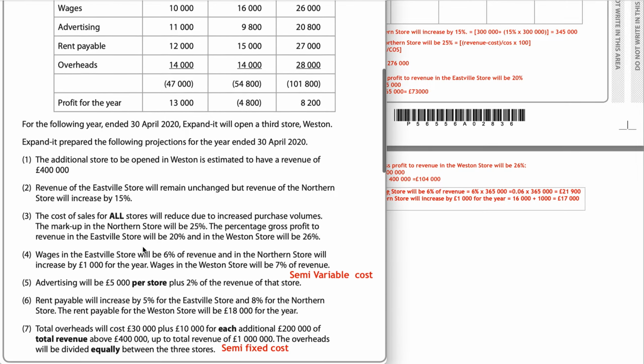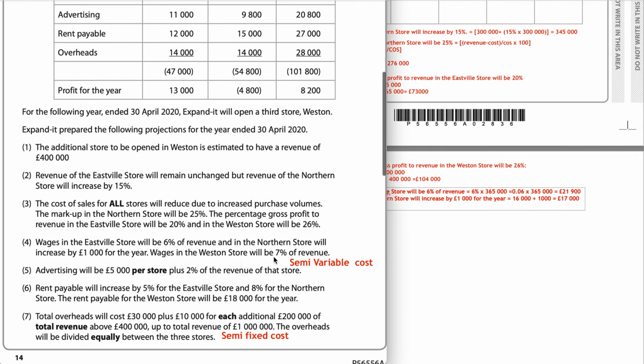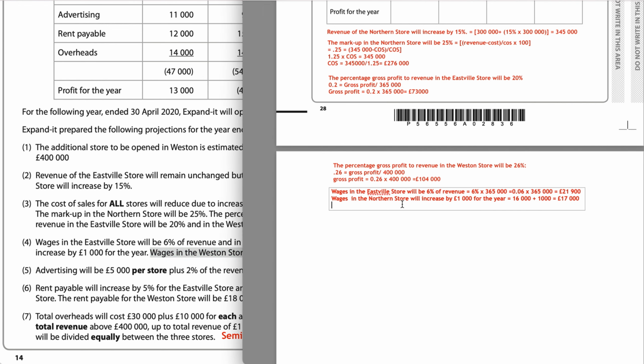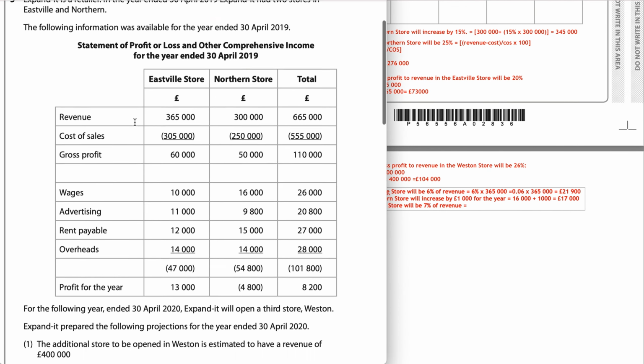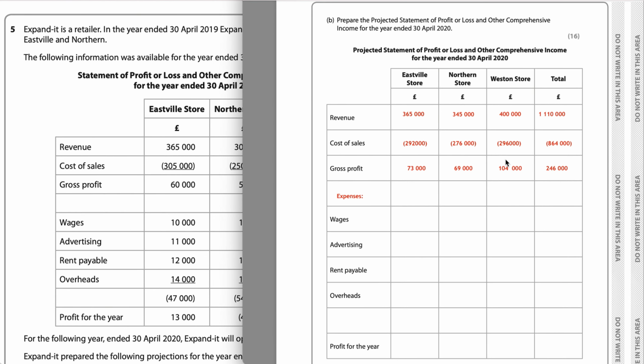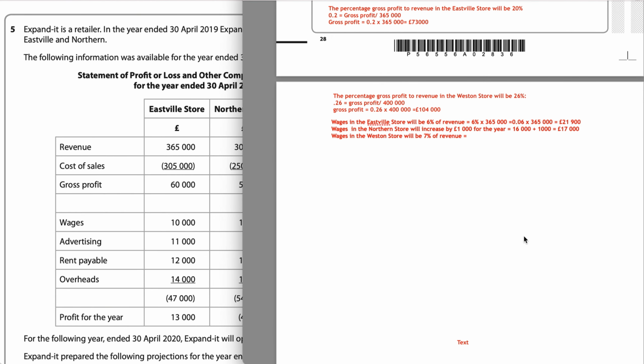And then wages in the western store will be 7% of the revenue. It is given, 7% of the revenue. So that is going to be equal to 7% of the revenue here for the new store. The western store is 400,000.